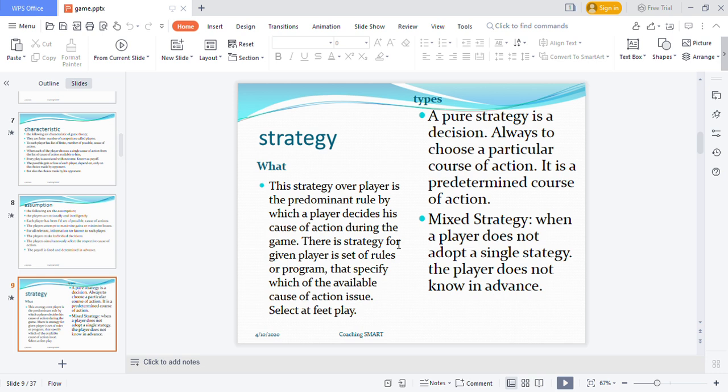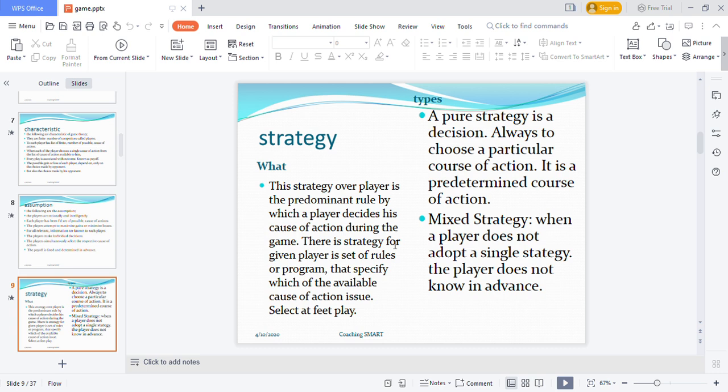Let's look at the components of game theory. So there are three components of game theory. Number one is strategy. What do you mean by strategy? The strategy of a player is the predominant rule by which a player decides his course of action during the game.